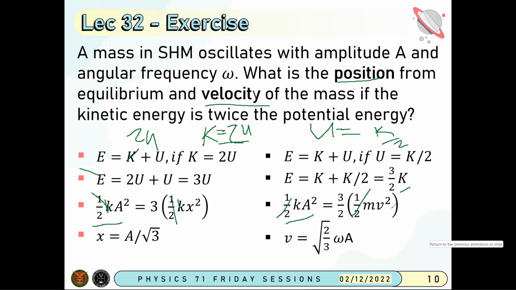So bakit naging ganito? Natira tayo ay kA squared, 3 halves mv squared. Actually, tama din pala yung angular frequency. Tama rin pala. Kasi nandito rin siya. Right? Kasi yung omega equals square root of k over m. So if we simplify that, ito yung makukuha natin.